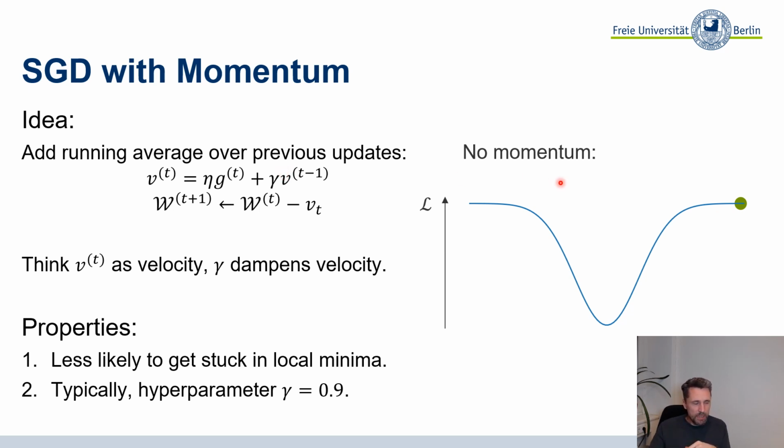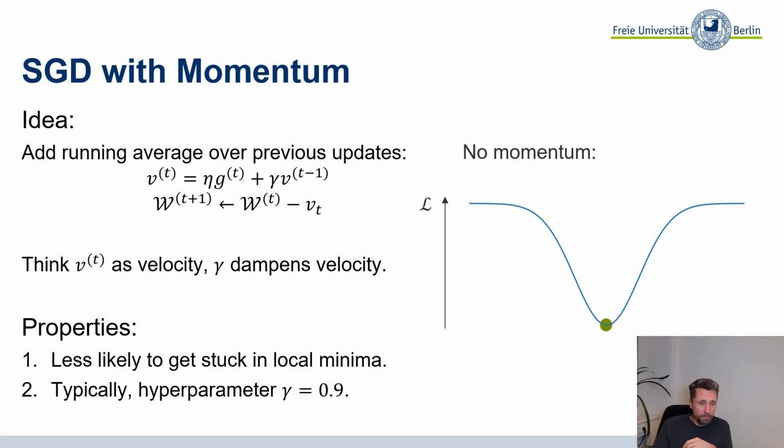So for example here on the right there's no momentum. SGD in the vanilla formulation would get stuck in this because the step at a certain point is only a function of the gradient here, and even if we weren't stuck in the perfect minimum, we won't be able to escape this.